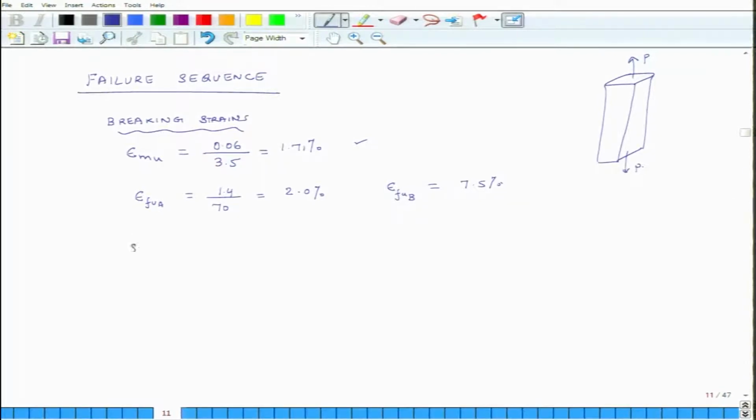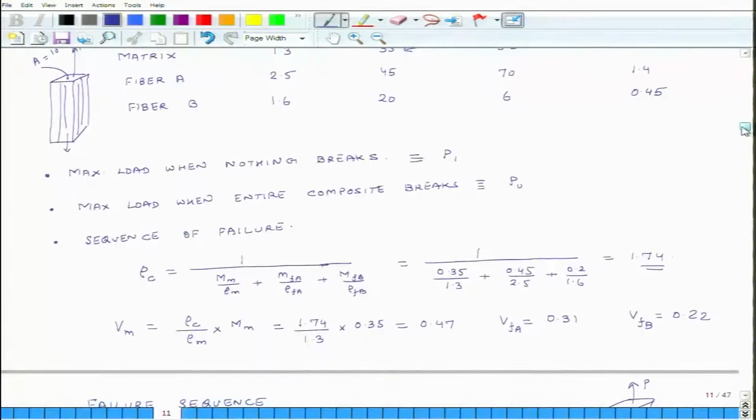The sequence of failure will be matrix, then A, and then B. Okay. So, that takes care of one question, which is the sequence of failure.